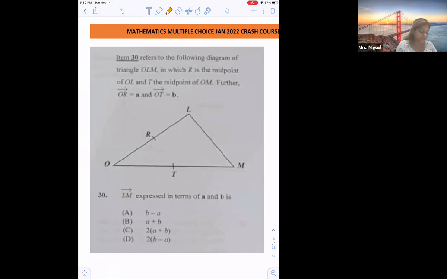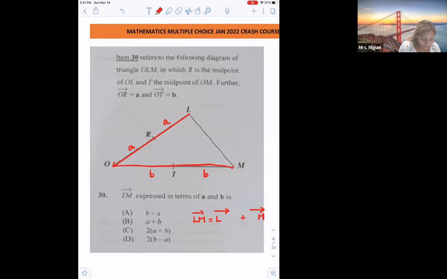So watch again. OR is A. OT is B. So here is A and here is B. We want to go from L now to M. So we must pass through a connecting point. So we will travel from L to O. So LM is equal to, my start point must be L and my end point must be M. And whichever point coordinate I put in the middle, it must be the same.